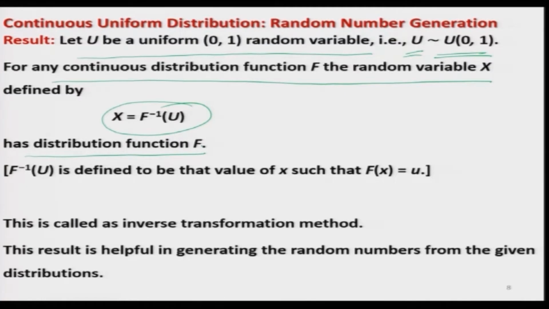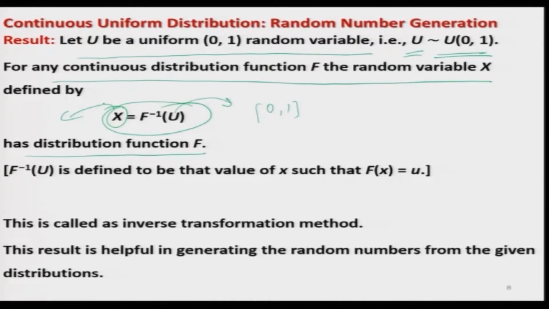This means, if you look at what you have done, you generate a uniform (0, 1), that is, any number between the interval 0 to 1, and then you use the inverse of the distribution function to find the value of X. Then X has a distribution which is different from uniform (0, 1).